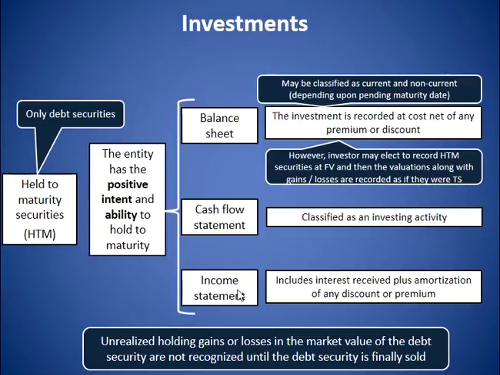And the income statement would include any interest received plus the amortization of any discount or premium on the bonds. There is an exception where an investor may elect to record held to maturity securities at their fair value, and then the valuations along with gains or losses are recorded as if they were trading securities. We'll talk about trading securities in just a few minutes.